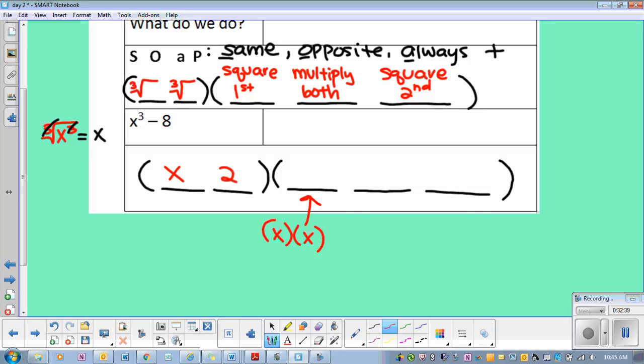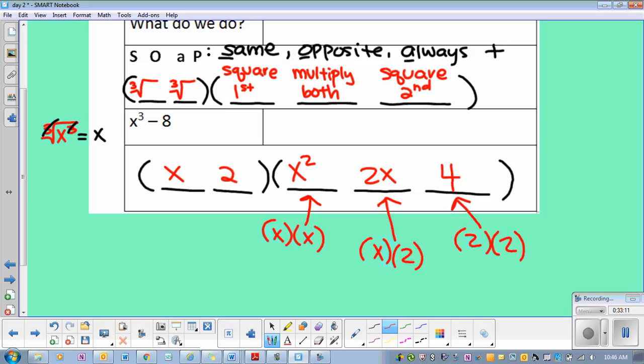X squared. In the middle, you multiply both of them together: x times 2 is 2x. And in the last one, you square the second. What is 2 times 2? 4. Okay, so we fill that in.